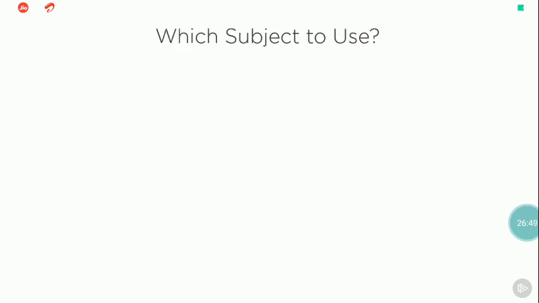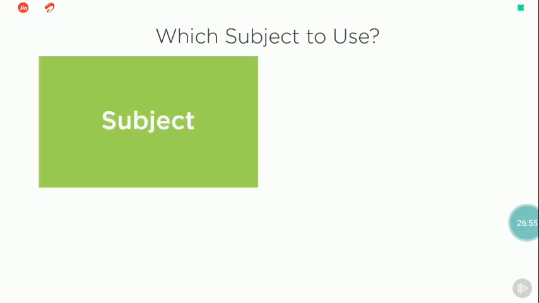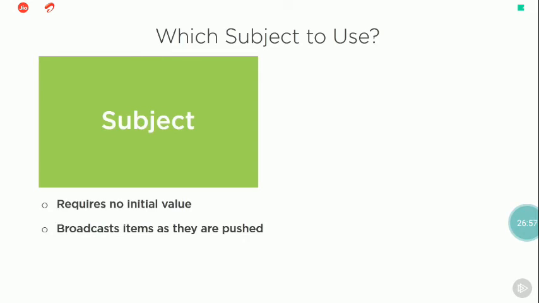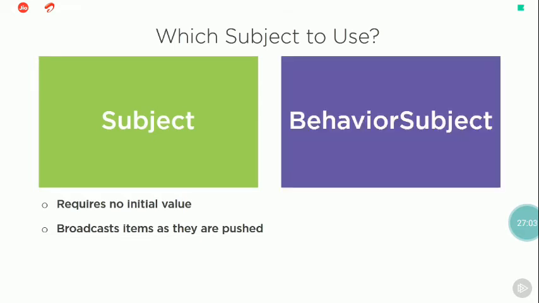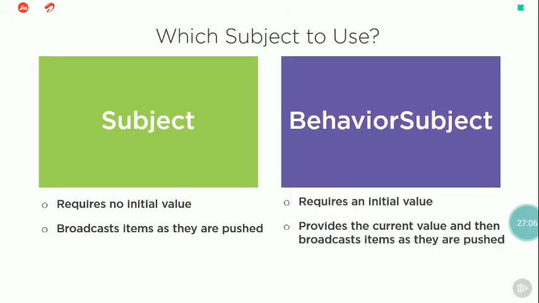Once you determine that your service does need a subject, the next question is, which variant? Use a plain subject if there is no initial value and the service only broadcasts items as they are pushed to the observable. Use a behavior subject if you want an initial value and if the service needs to provide the most recent item upon subscription and then broadcast items as they are pushed.